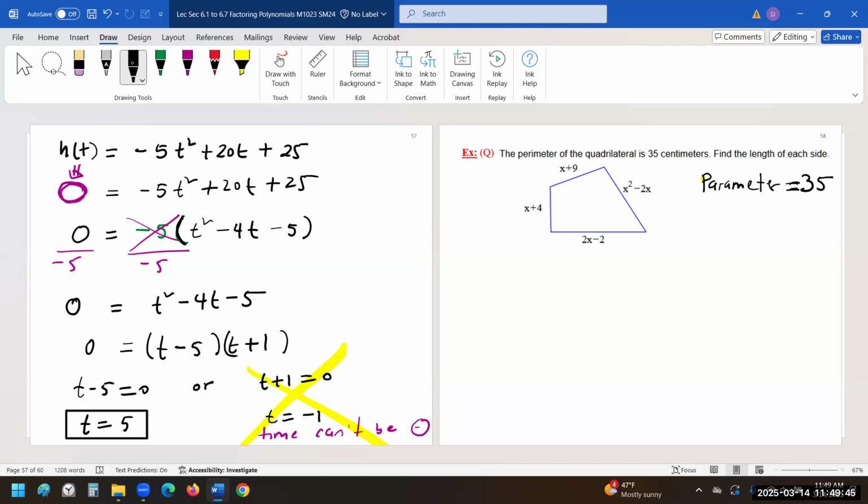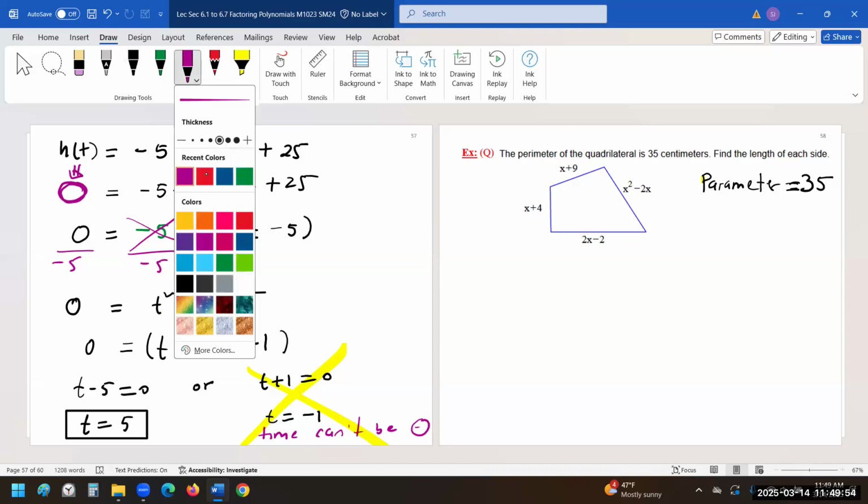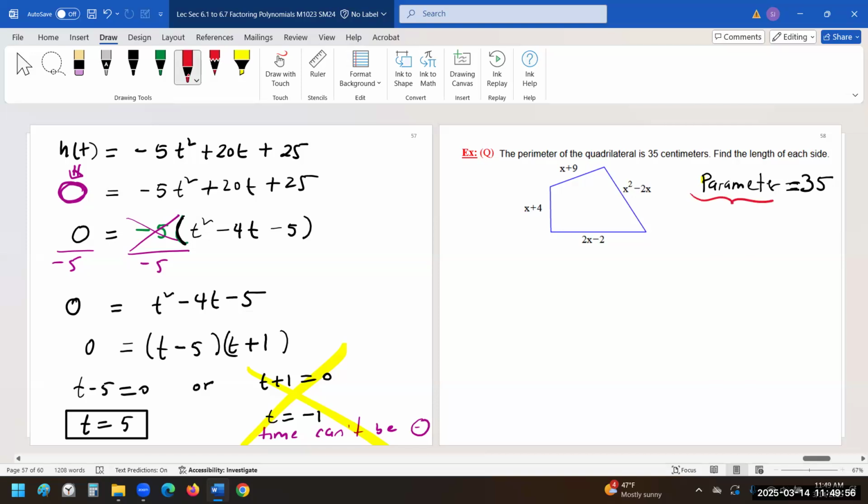Nobody knows? The sum of all the sides. This is what perimeter means. Sum of all the sides.